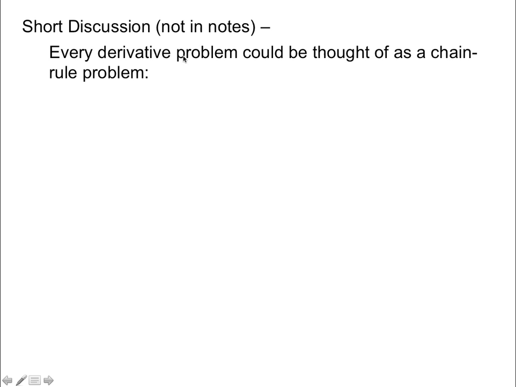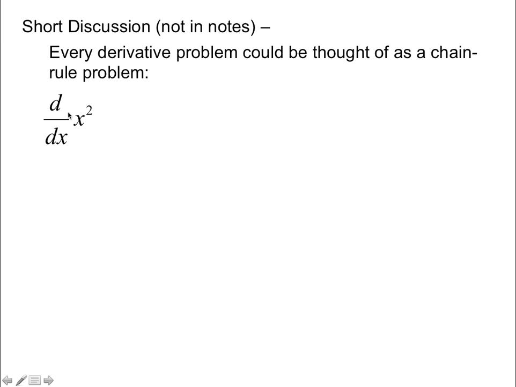This isn't in your notes, so this is just a short discussion about differentiation and what we've been doing and what it really means up until now. For instance, every derivative problem we have can be thought of as a chain rule problem. We went through this in an earlier discussion. Let's go back to x squared.